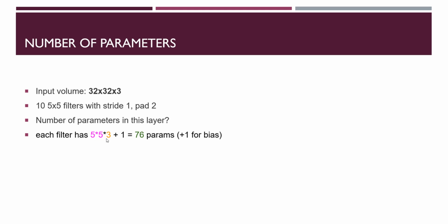So there are 5 by 5 filters in this example. So 5 by 5, 25, but 25 across 3 dimensions for the 3 channels. So 25 into 3 weights plus 1 bias. So total parameters for this particular layer is 76 parameters. So 75 plus 1 for the bias. So these are the total number of parameters that are there.